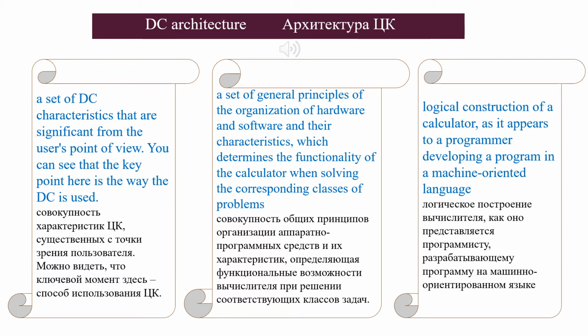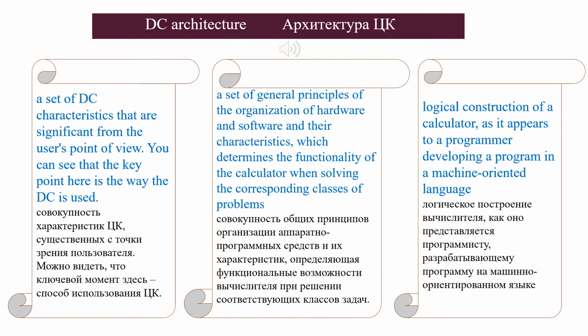Digital Computer Architecture: a set of DC characteristics that are significant from the user's point of view. You can see that the key point here is the way the digital computer is used. A set of general principles of the organization of hardware and software and their characteristics, which determines the functionality of the calculator when solving the corresponding classes of problems.